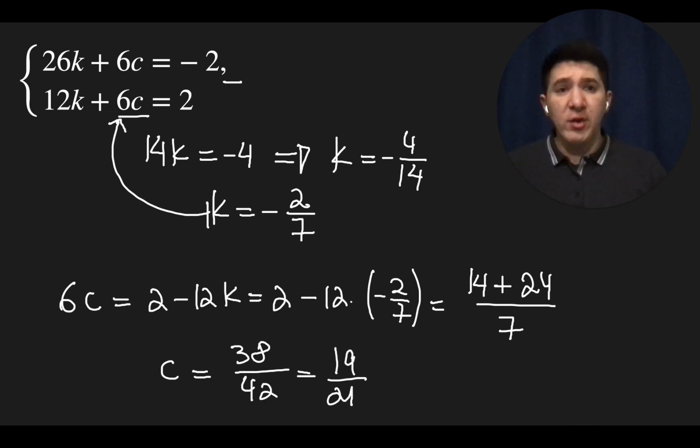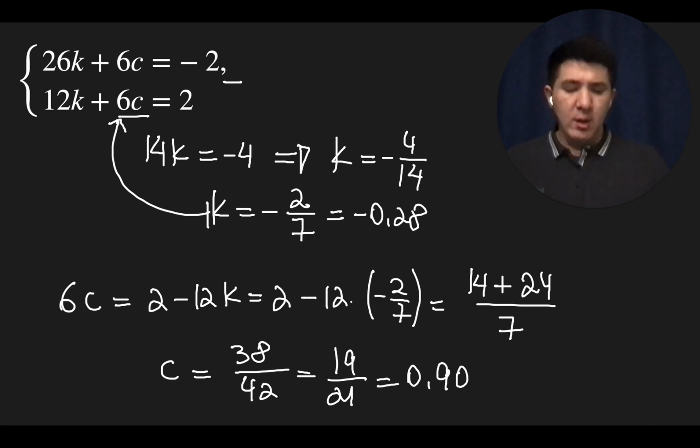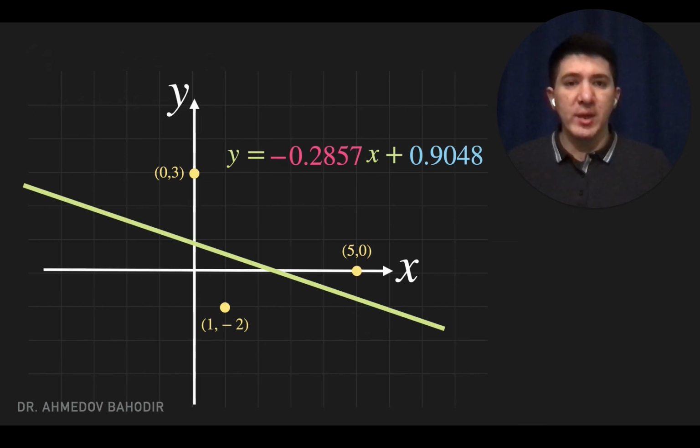Okay, so if you write down the values of k and c in terms of decimal numbers, k is going to be equal to minus 0.28 roughly, and c is going to be 0.9. Okay, so these are the 2 values of k and c which would minimize that functional, and they are going to draw this line.